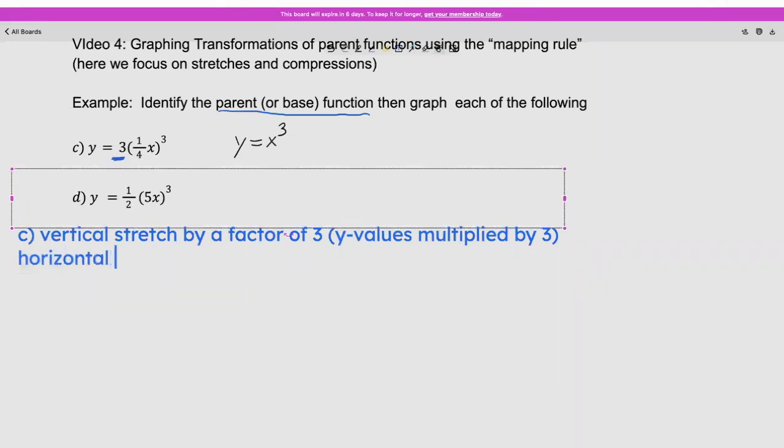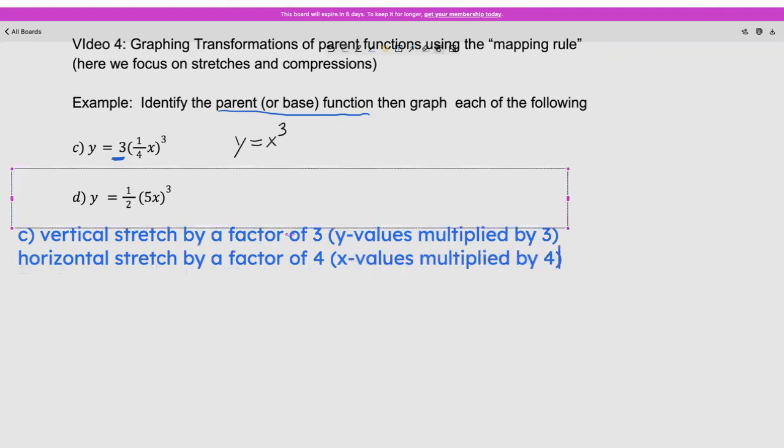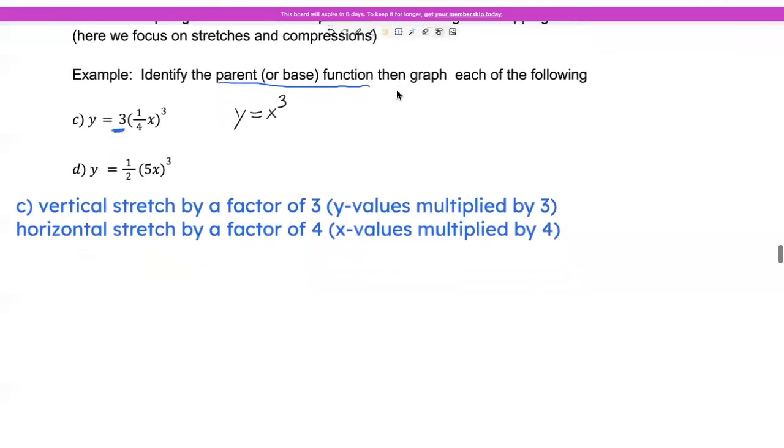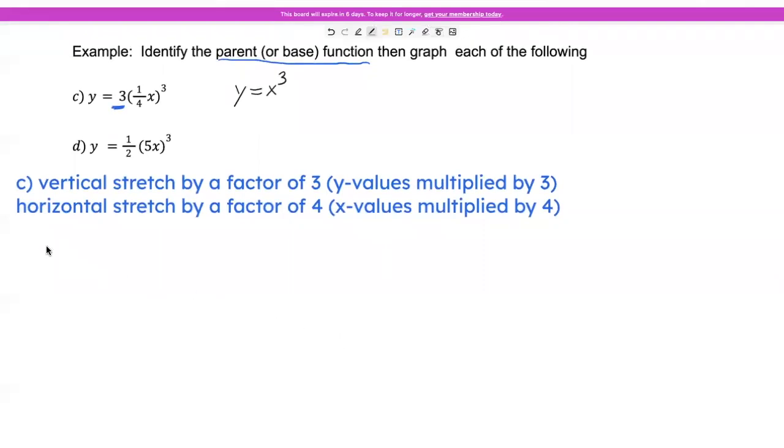So we have a horizontal stretch by a factor of 4. 4 comes from flipping 1 over 4. So the x values are going to be multiplied by 4. These are the two transformations I want to apply on the x cubed function. So let's do that.